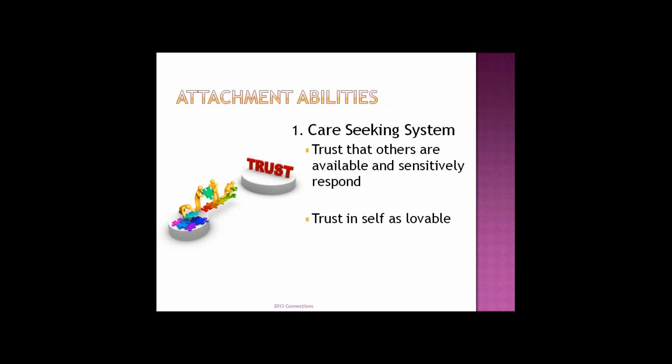You can shift them, you can develop them, and yes, there's no easy pathway, but it absolutely can be done. And what's cool is while you're working to develop these attachment skills, you'll also be working to heal the impact of trauma. Okay? So the first skill that you want to develop in healthy attachment is to develop a care-seeking system.